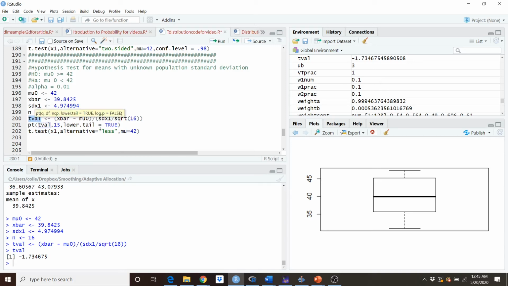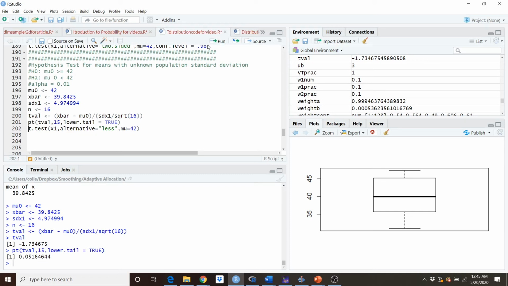Remember, I'm doing lower tail because I have less than in the alternative, so I want lower tail equals true. I have my degrees of freedom at 15. And if I run this, I get 0.05164644. However, this is the long way.